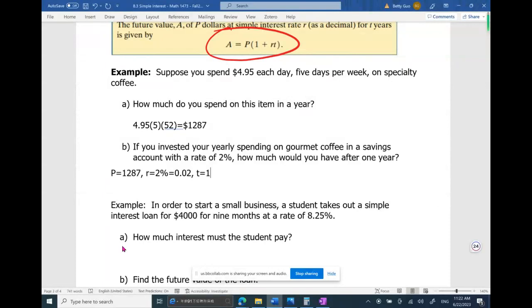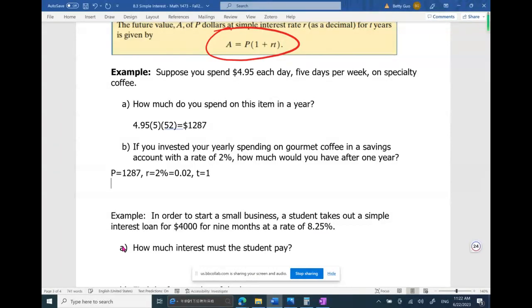That's why whenever you see a problem about simple interest talking about depositing or investing, the time in years normally is 1 year, because in reality, loans pay simple interest, savings accounts pay compound interest. But you don't have to know that. In this section, so far, we only learned the simple interest concept. And the formula for calculating simple interest, I equals P times R times T equals, we're going to plug in 1,287 multiplied by 0.02 multiplied by 1.